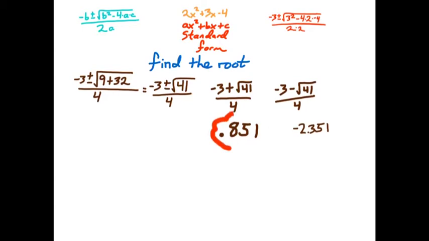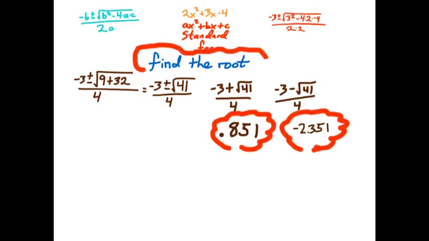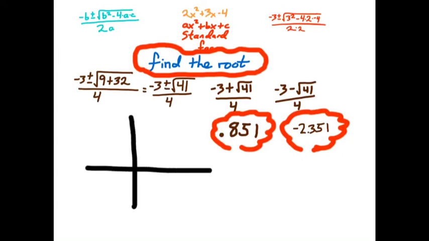So what's that mean? That right there and this right here are your roots, because we were looking to find the roots, which means that if we had a graph of this thing and put it in our nifty little graph like this, those two points, the roots, are going to actually be right here.